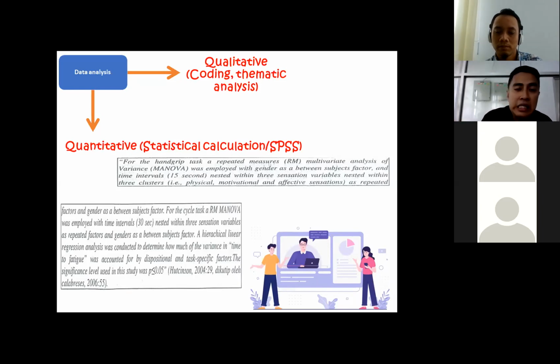For qualitative, you can use thematic analysis, coding, categorizing, categories, and extracting. And here is an example of quantitative. I will show you here.